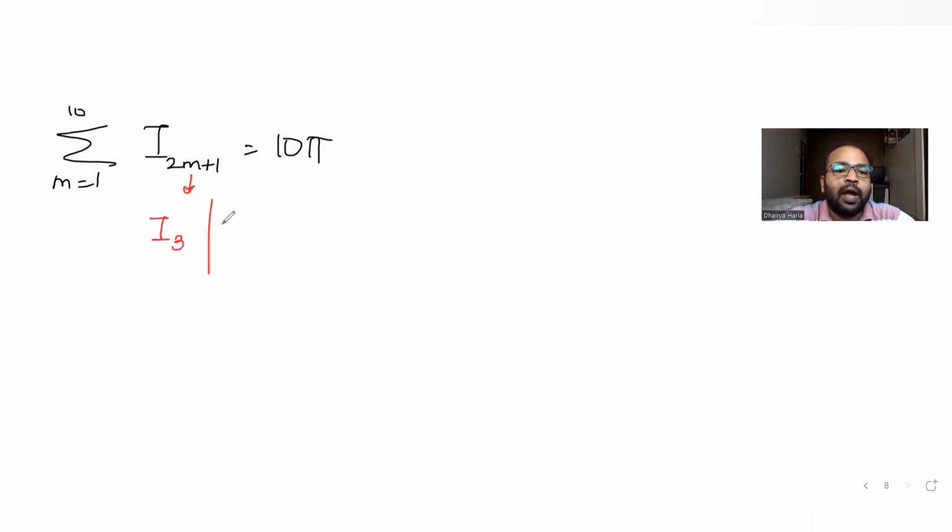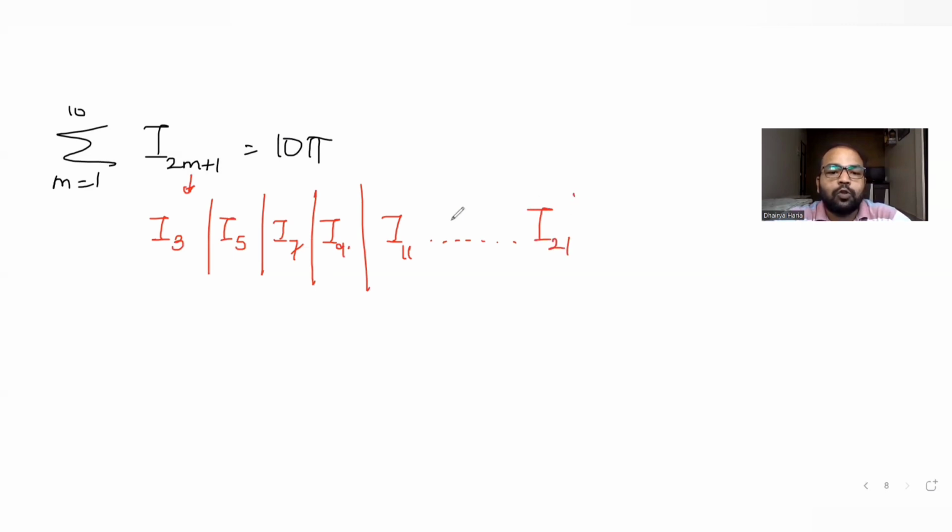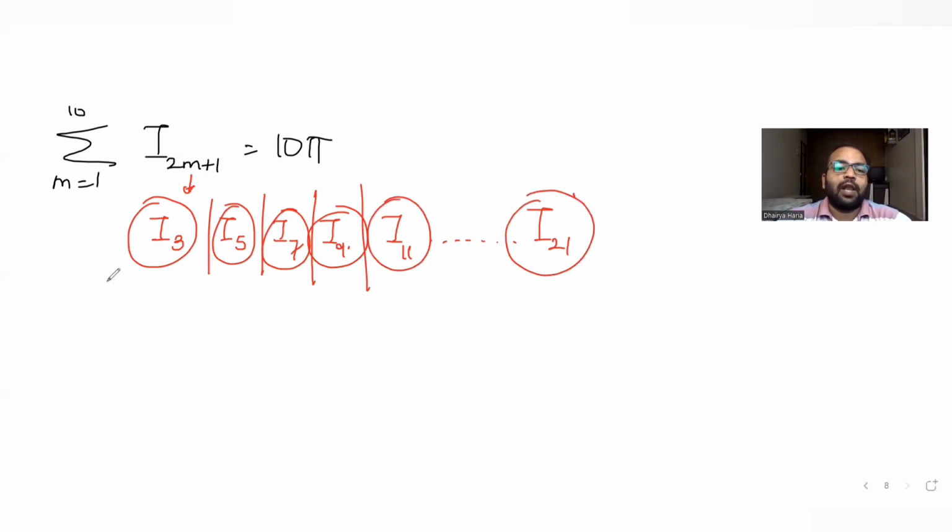If you put m as 2, it becomes I_5, then I_7, I_9, then you have I_11. This goes on till the last value of m, that is 10, so it goes on till I_21. So basically we have these 10 integrals for which we need to calculate the values.